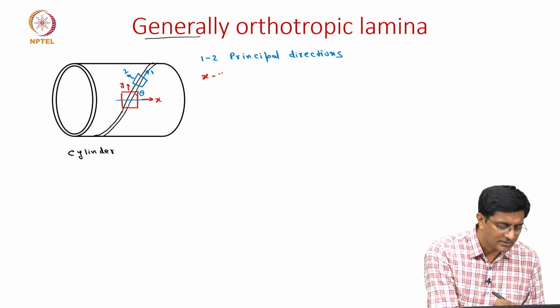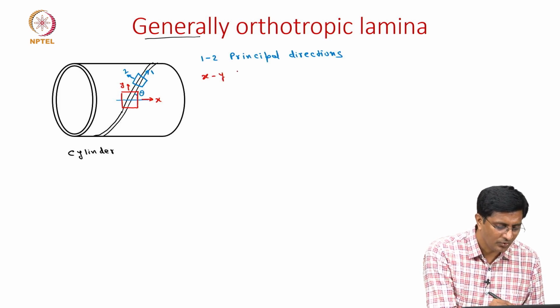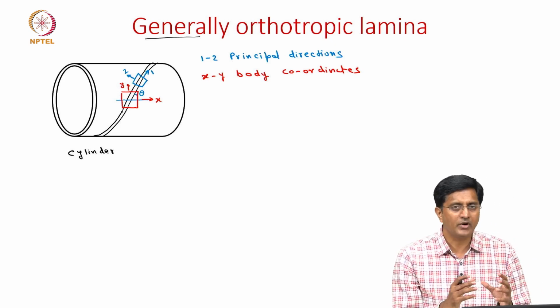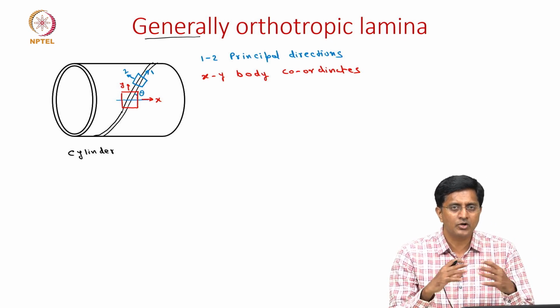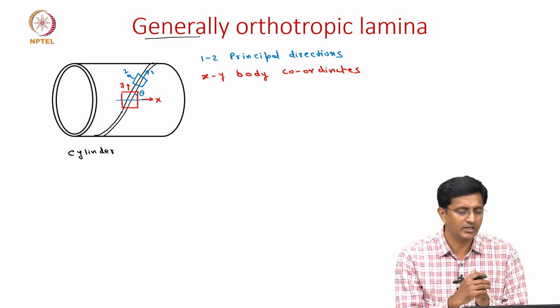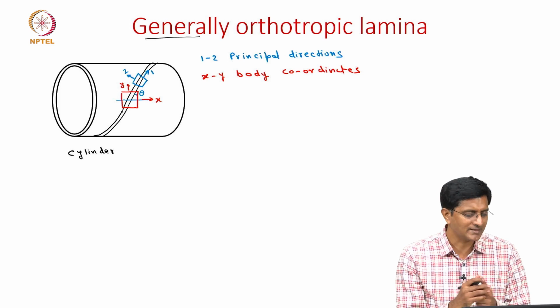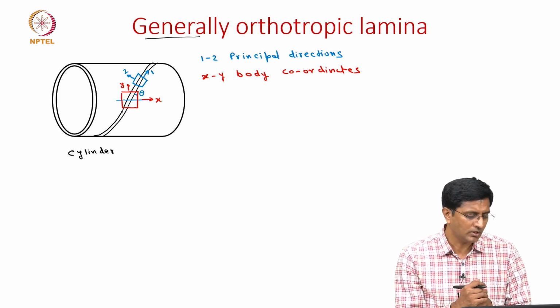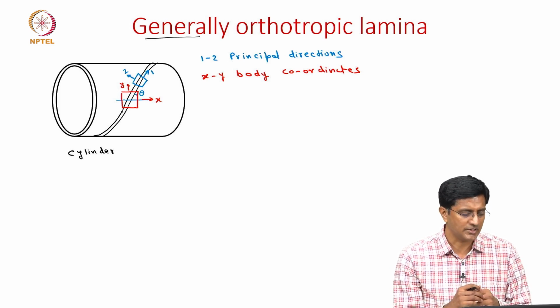So, now we say this x and y are the new body coordinates, chosen based on how the cylinder is lying. The axis of the cylinder is parallel to the x axis and the y axis is perpendicular to the axis.